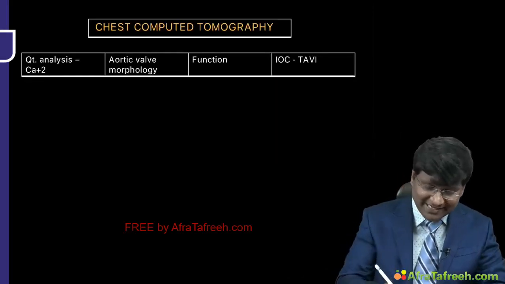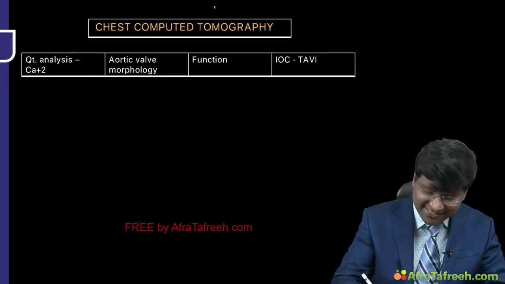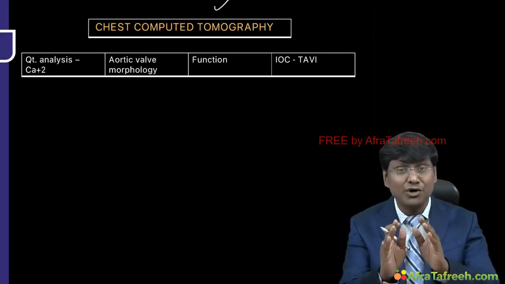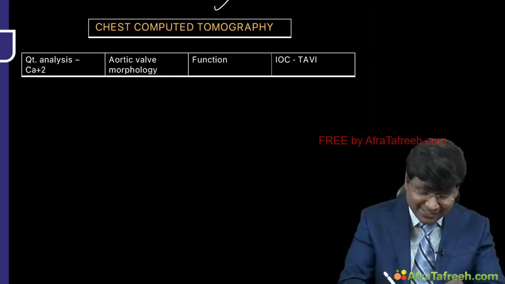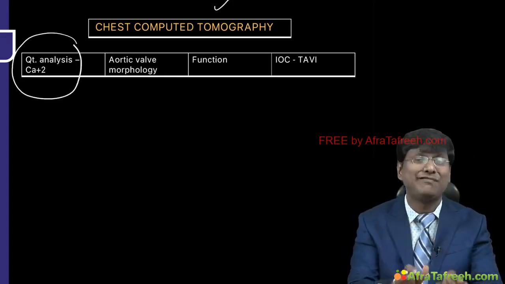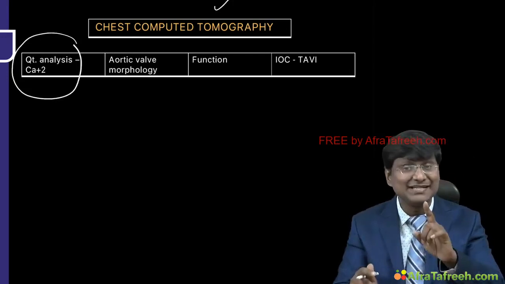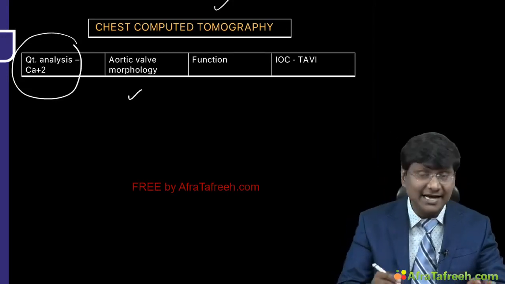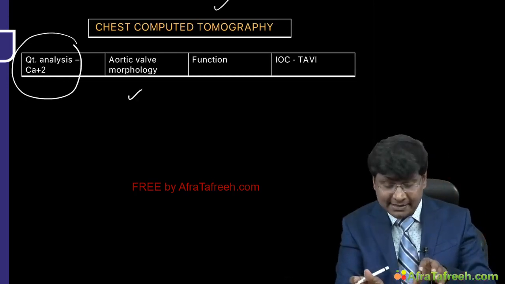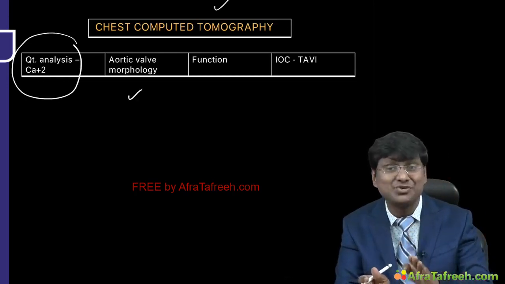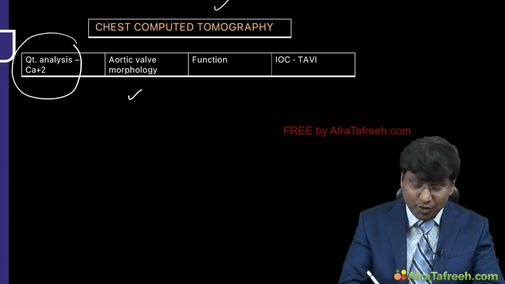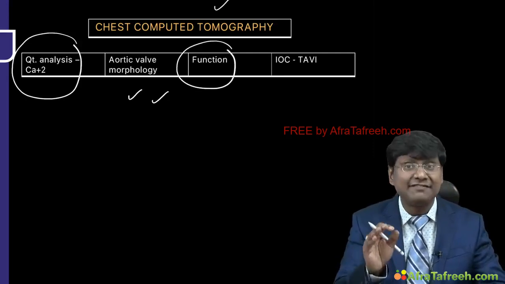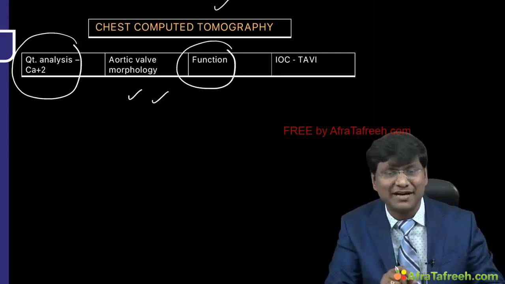Next, followed by that, the very important investigation is the CT. What is the importance of doing CT? Now, if you want to do quantitative analysis of the calcium on the valve, then doing a CT is very, very important, right? Another important use is that CT is very useful to assess the aortic valve morphology as well as the functioning of the aortic valve.